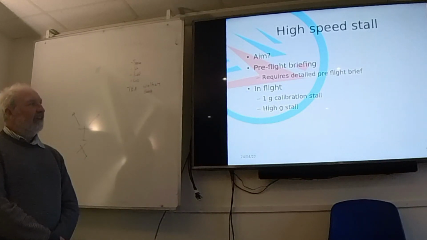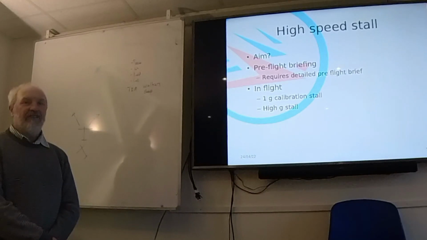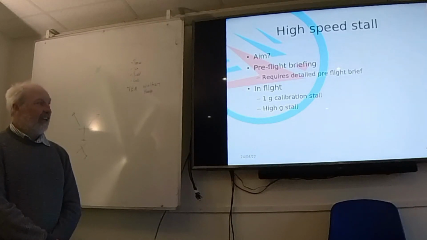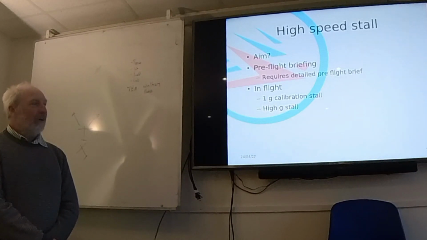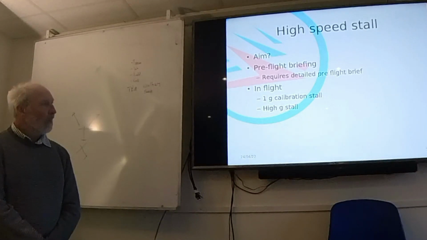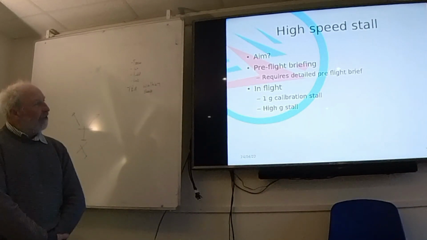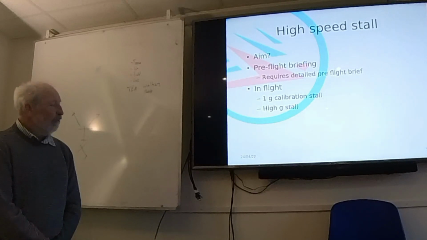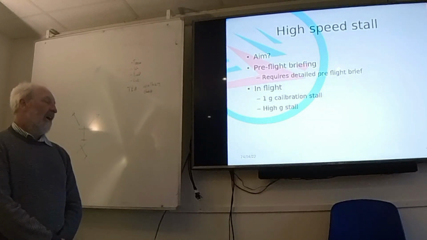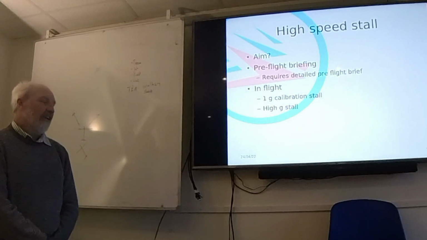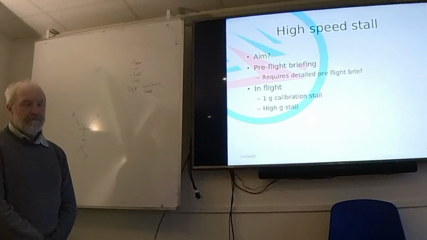Always fly these exercises using the student's ASI if you can see it, because there's almost always a difference between the two. And let's say we're doing this in a K13. You might find the 1G stall happens at 34 knots, something like that, and then recover from it.